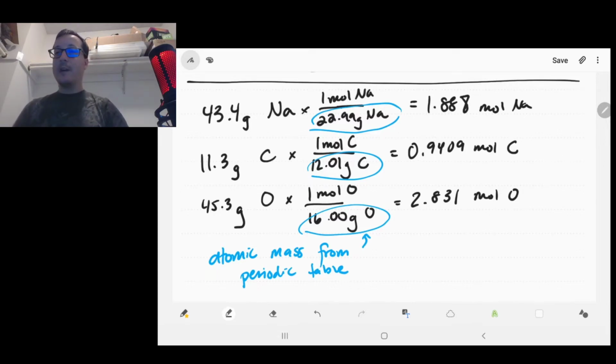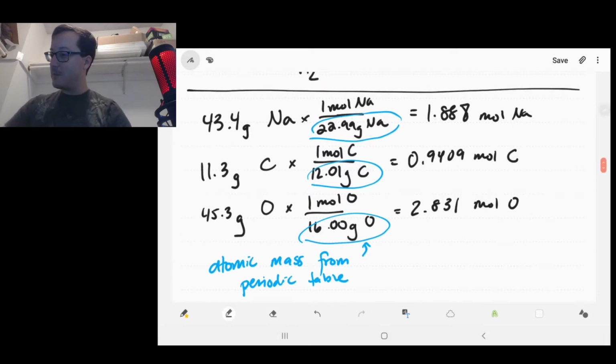So we now have our kind of ratios. Remember, you can't use these as is, although in this case it's going to kind of work. If we want a ratio, we ideally will divide by the smallest number of moles. Maybe you can see right now it's probably a 2 to 1 to 3 ratio. They're all just a little bit below those numbers, and in fact that's what it will be, but don't trust yourself on this.